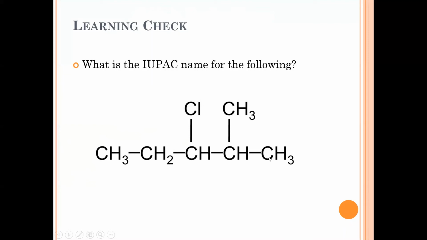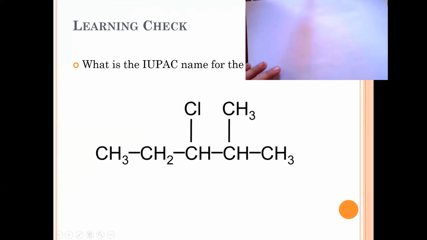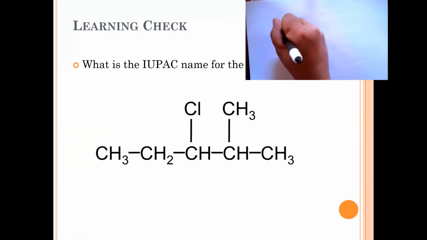So this now becomes carbon 1, 2, and carbon 3. So let's be making some notes. I'm going to open this up so you can see some notes up ahead. So right now we know on carbon 2 we have a methyl, and on carbon 3 we have a chloro. And we have 5, so we know it's a pentane molecule.